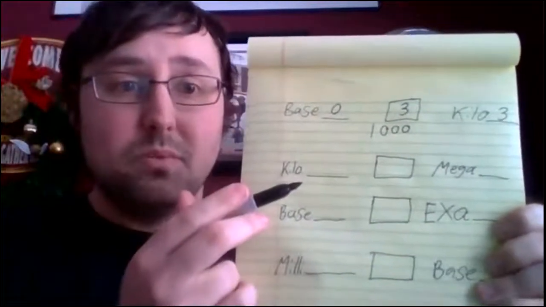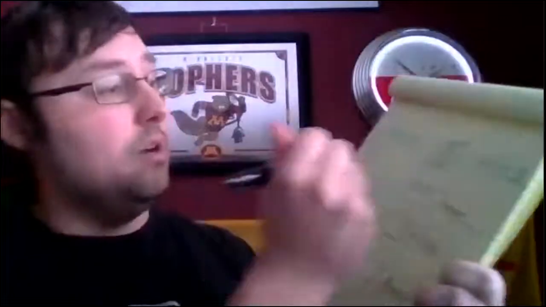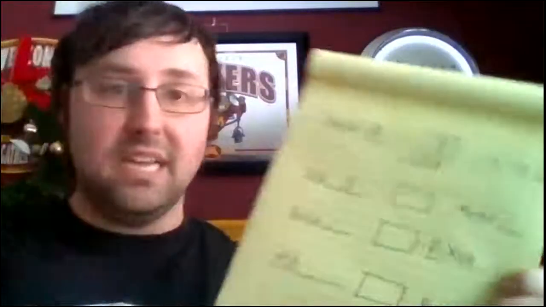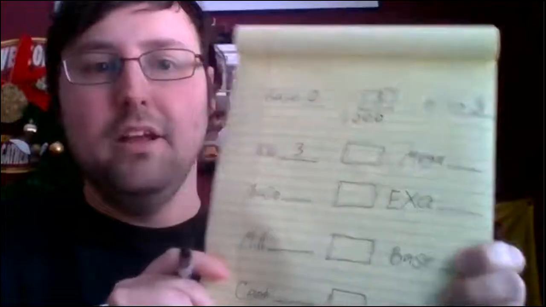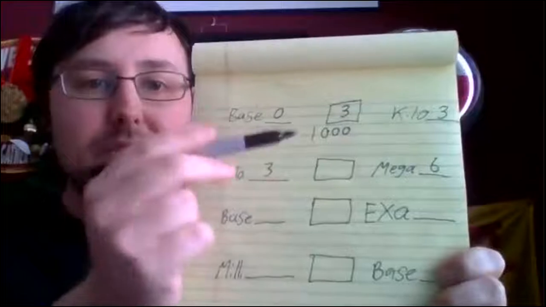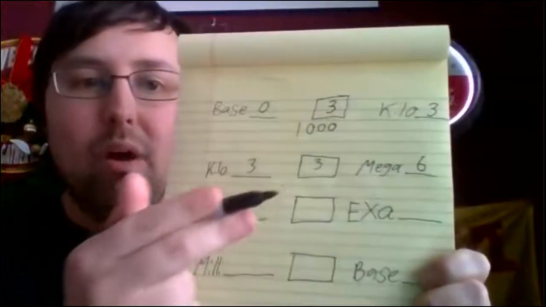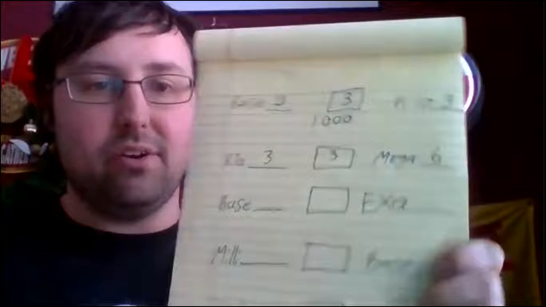Now let's go on and see if this works for all of them. Kilo, again, is 10 to the 3rd. Now, mega, you might need to look up on that document, but mega is 10 to the 6th power. Again, the difference between those numbers, the number of steps between them is 3. So again, what's a 1 with 3 zeros behind it called?